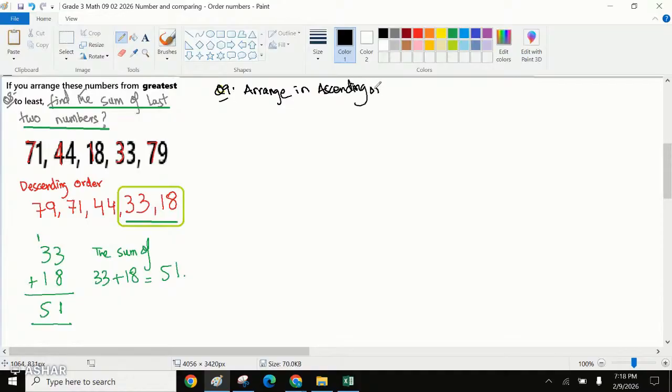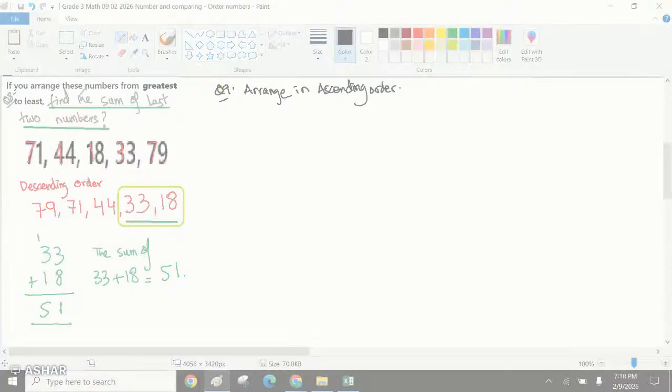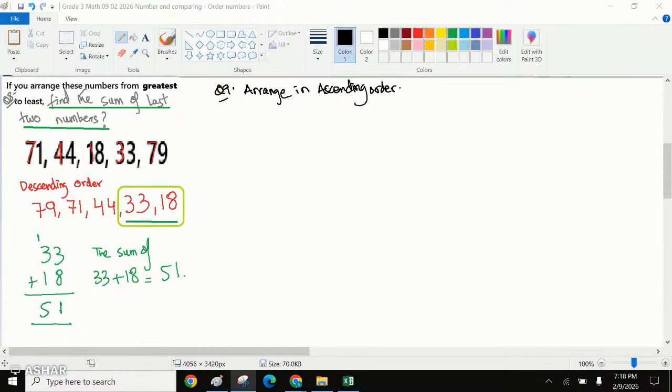If we have been asked to arrange in ascending order and the numbers are given as these, these are the numbers given to us, and what do we need to find? Find the third number. What should be the third number in this arrangement?